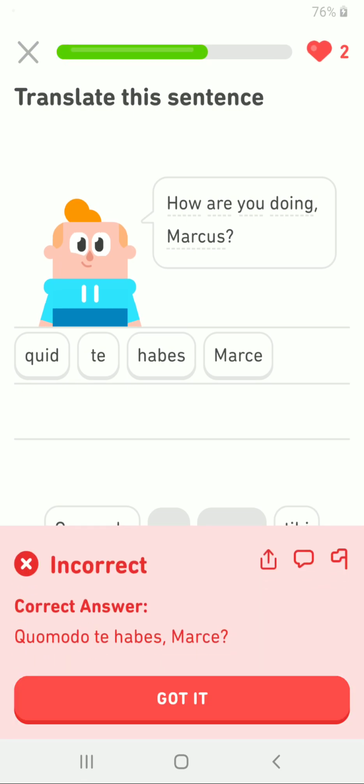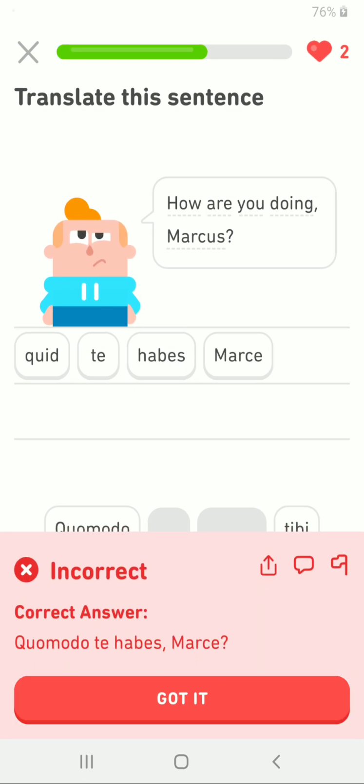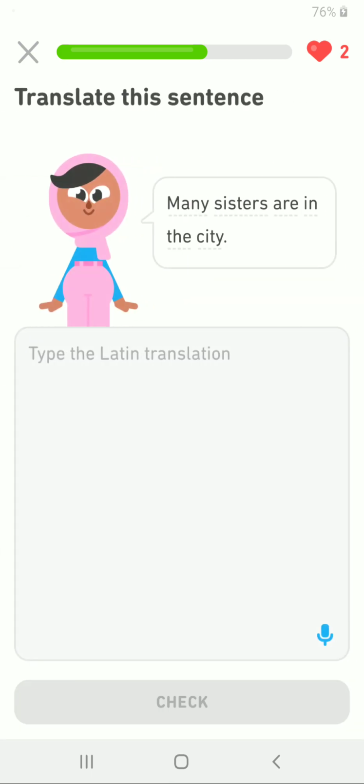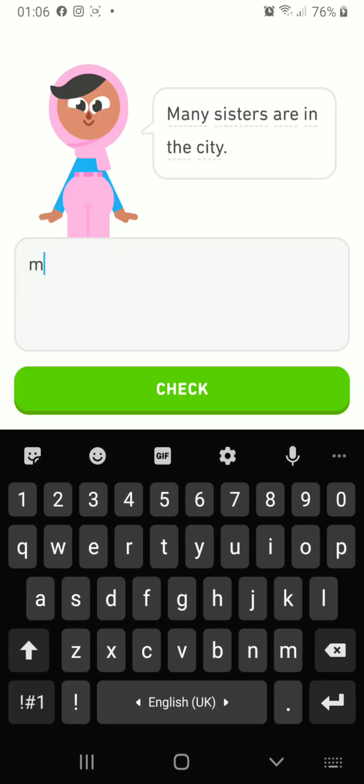Comodo te habes. Oh yes, comodo te habes. That was the first lessons we had. So many sisters. Multi sorores. Sunt in the city. In urbe.